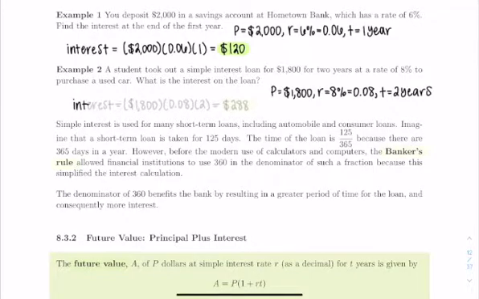So the interest on the loan is $1,800 times 0.08 times 2, which is $288.